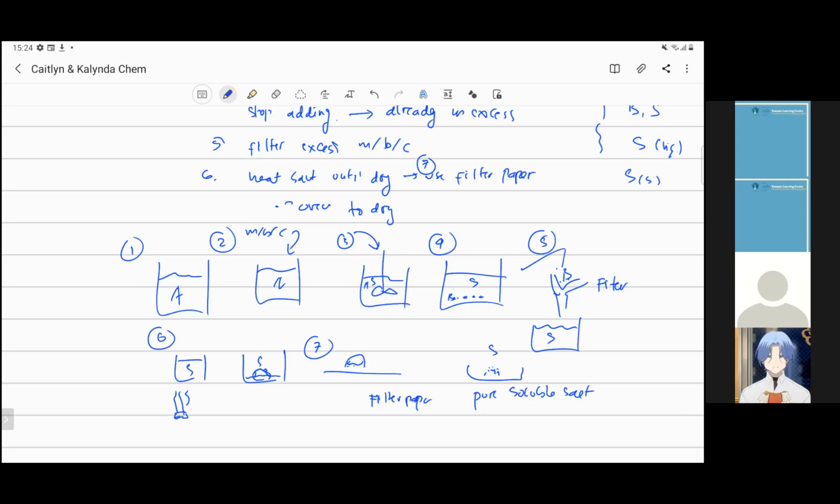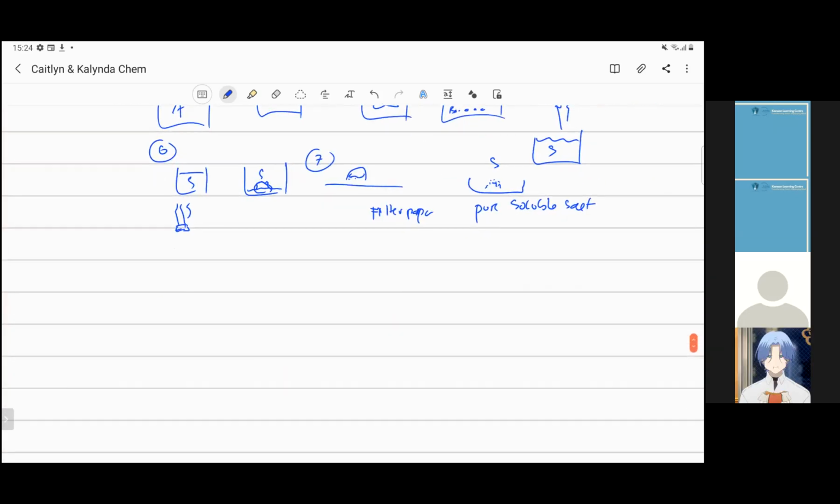Nope. No. Okay. Now, some notes. First, unlike question number 4 here, do not wash with water. In question number 4, when we are going to make an insoluble salt, there is a step that we wash with water in order to make a pure salt.